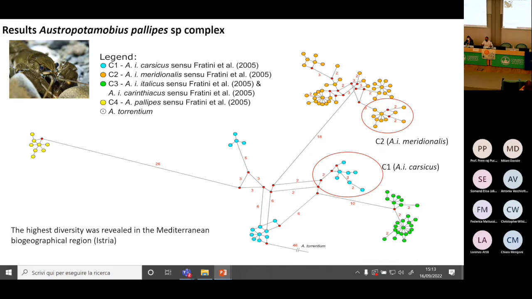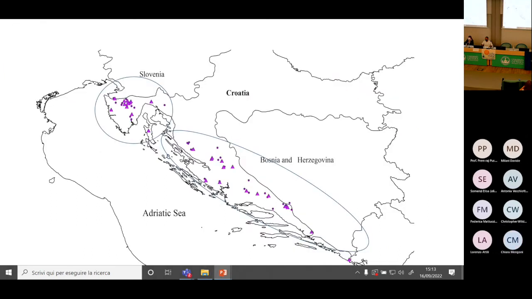The highest diversity for this species within Croatia was revealed in the Mediterranean biogeographical region, precisely in Istria, or the Istrian Peninsula. When we want to see the number of haplotypes per population, I will show them on this slide. There are some dots and there are some triangles. For triangles, we did analysis and we have the number of haplotypes.